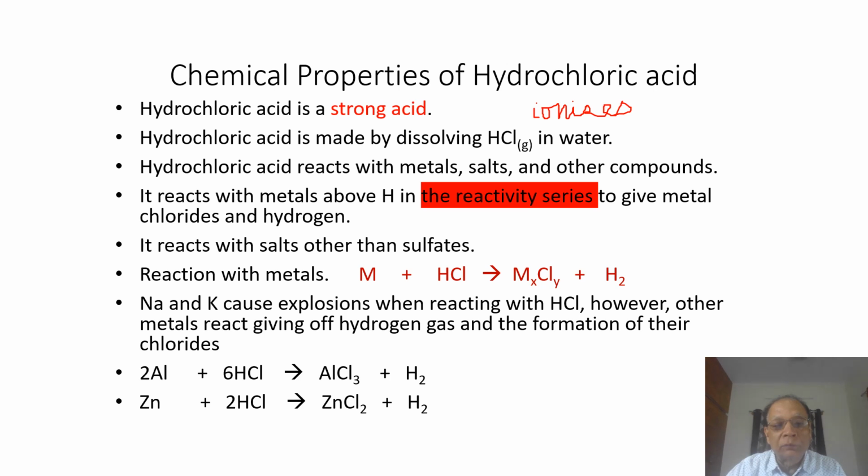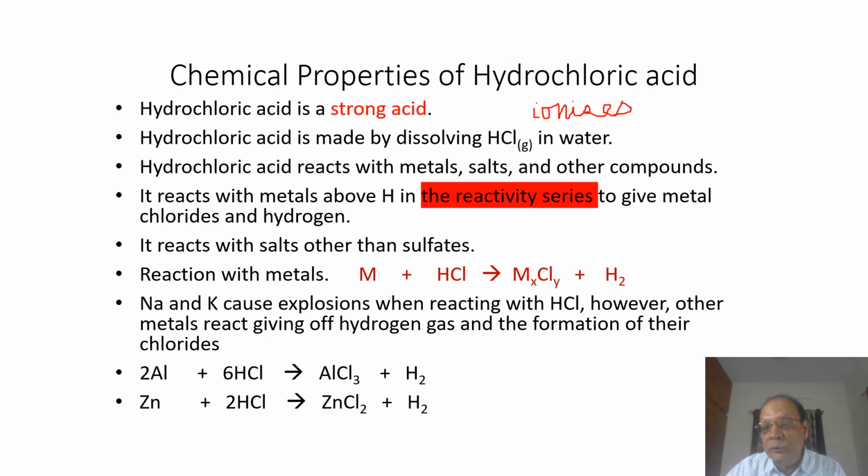Sodium and potassium cause explosions when reacting with HCl. However, the other metals react, giving off hydrogen gas and the formation of their chlorides. So we never react sodium and potassium, including rubidium and cesium, for those who want a better knowledge, because they are highly reactive.